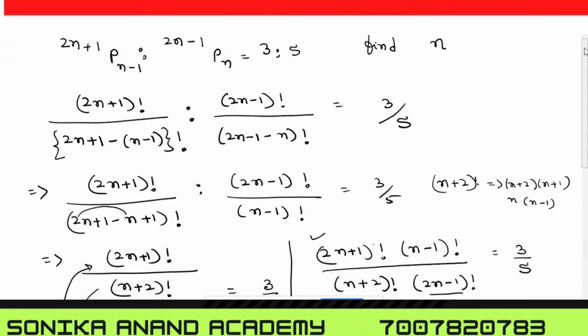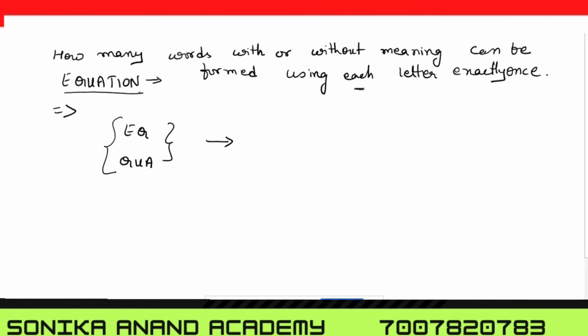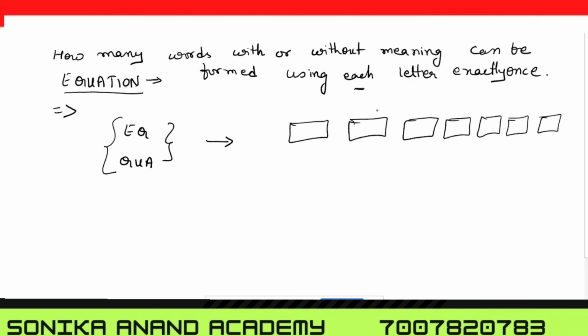How many letters do we have over here? 1, 2, 3, 4, 5, 6, 7, 8. That means there are 8 boxes. At the first place, you can use any of the letters, so that is 8.